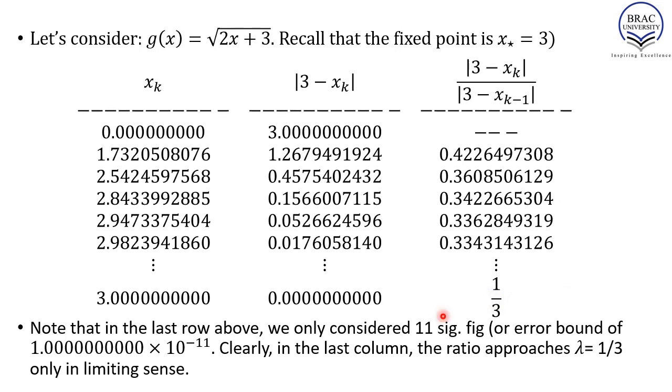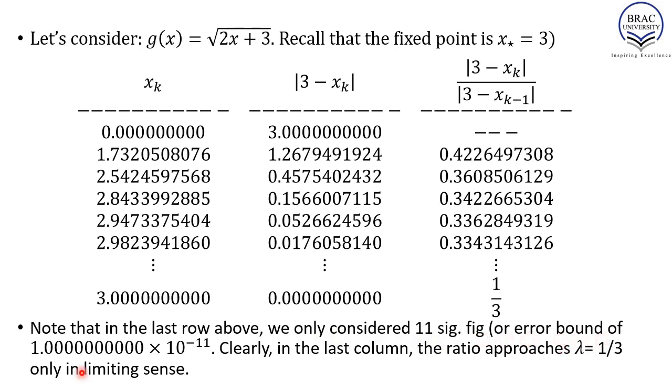But since we are considering up to 11 significant figures, within this precision that is 1/3 approximately. So this is the value of lambda in the limiting sense, as k goes to a very large number. Notice in the last row here we already considered 11 significant figures that I already explained.